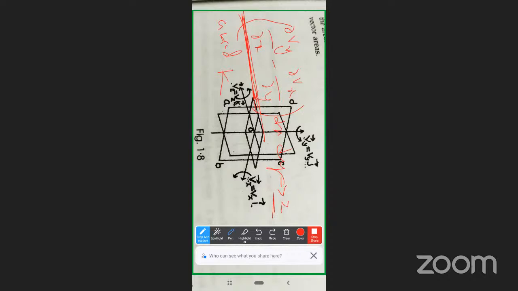So curl z of V is equal to ∂Vy/∂x minus ∂Vx/∂y into dx dy, into k, where the unit vector along the z-axis is k.